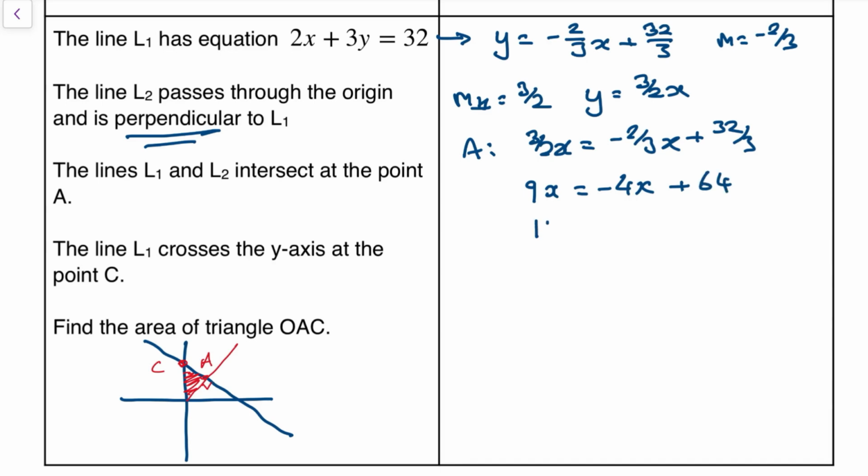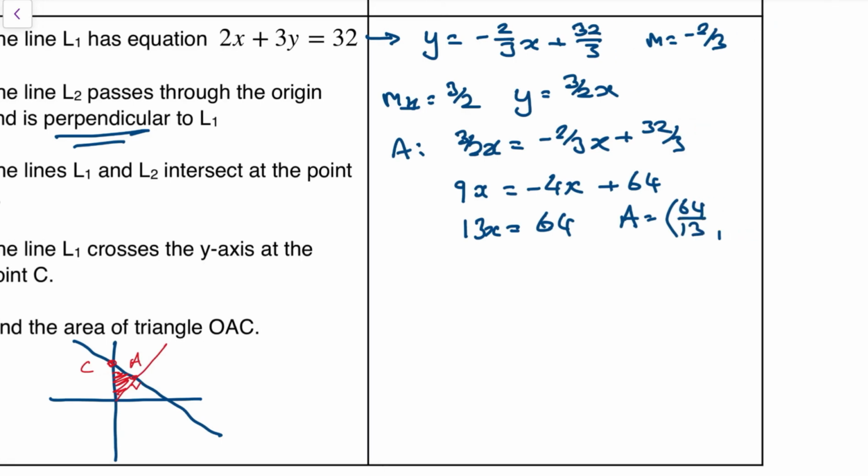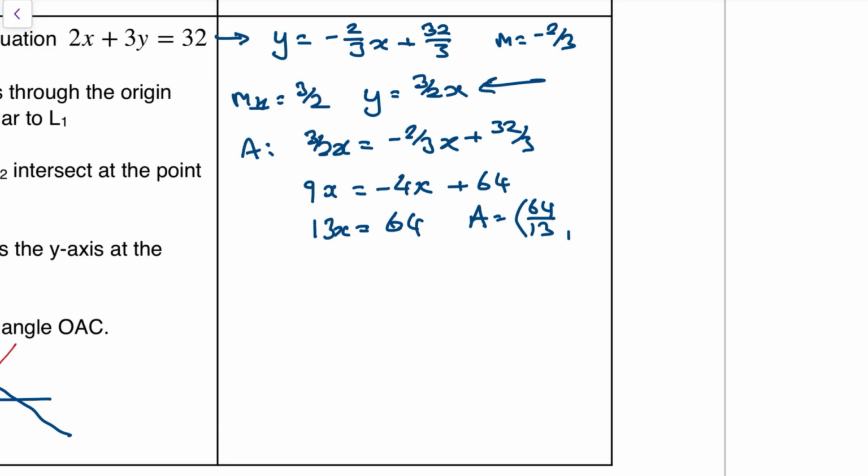Add 4x to both sides, gives me 13x is equal to 64. I was hoping for a nice number, but it's not, which means that x is equal to 64 over 13, and actually I can just write it in one go, can't I? I'll tell you why. So that A's x coordinate is 64 over 13, and I know from here that I multiply that by 3 over 2, which is going to give me 96 over 13.